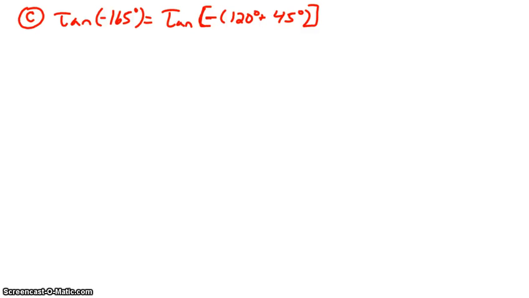So we're going to look at this C, which is tangent of negative 165 degrees, and we'll make note that tangent is also, in this case, going to be an odd function. So I can write negative tangent of 120 degrees plus 45 degrees.